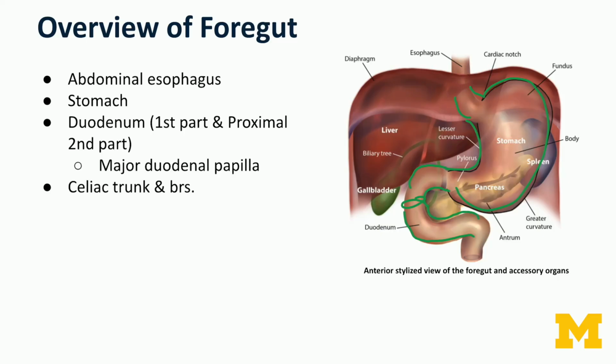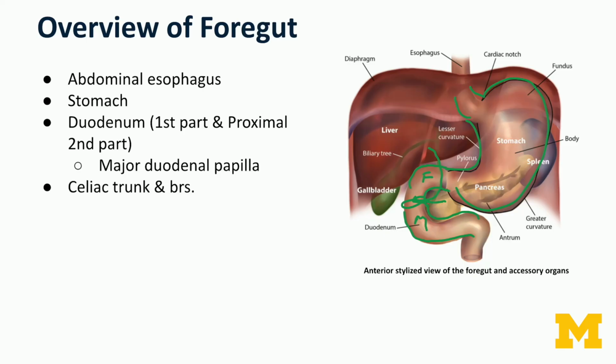into the jejunum. And so between the foregut and the midgut, there is an anatomical boundary point called the major duodenal papilla. The major duodenal papilla is an eruption of mucosa into the lumen of the second part of the duodenum that receives secretions from the liver as well as the pancreas.